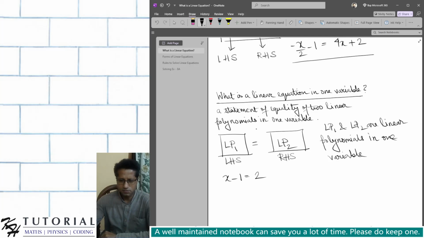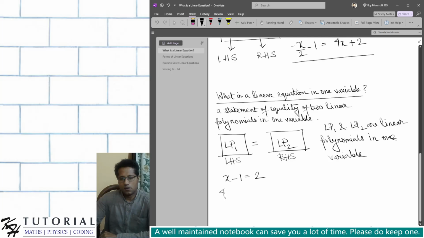For example, x minus 1 equals to 2, the RHS is not a linear polynomial in one variable, it is a constant. The LHS is a linear polynomial in one variable, that is x minus 1. Another example is 4x plus 3 is equal to minus 5x minus 9.